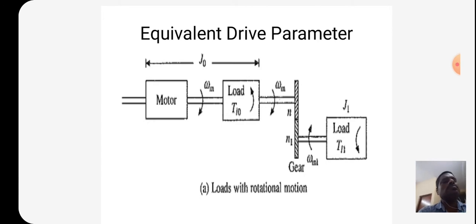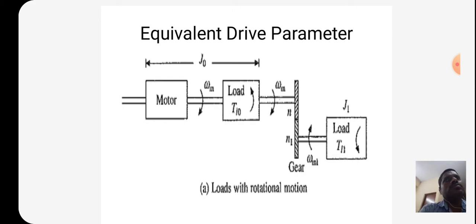Now, in the last class, we discussed the speed-torque convention. In that class, we saw how a cage and pulley work in the four quadrants, and whether either of them is greater than or less than the other.